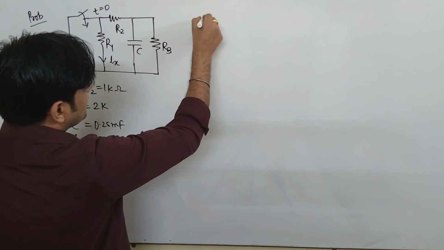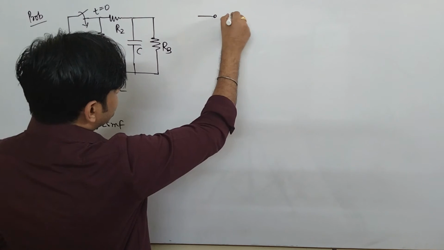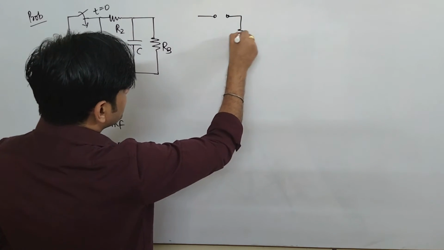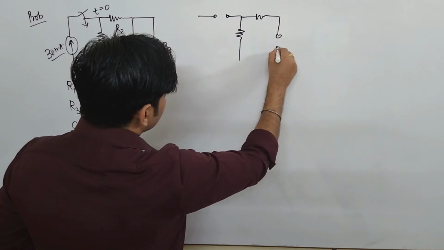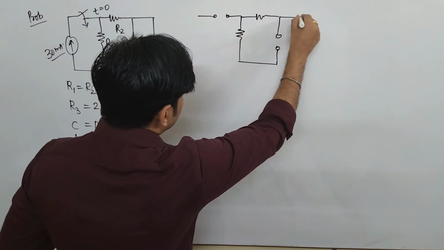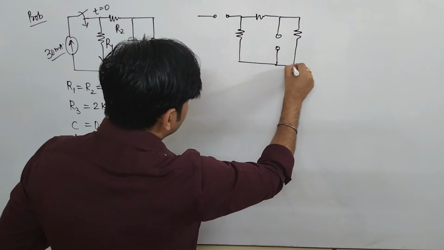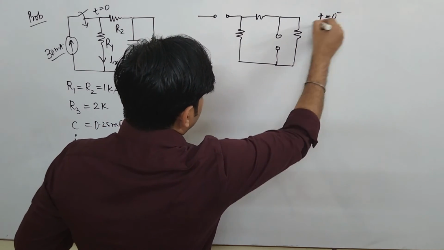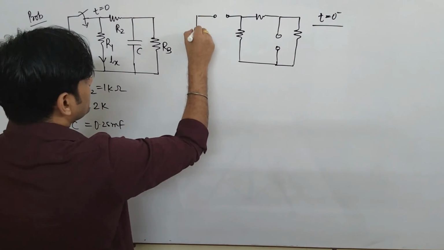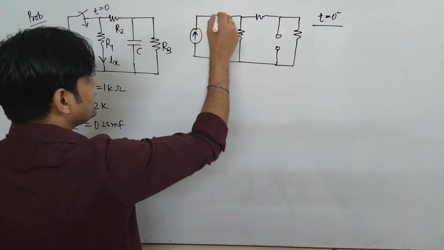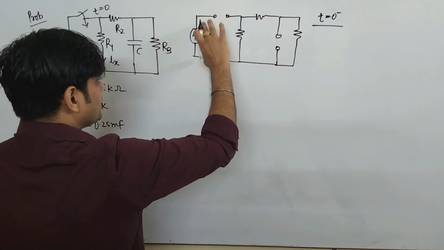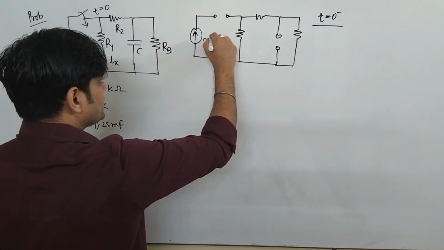Once again we will draw this network here. This is the condition at t equal to 0 negative. This is your 30 milliampere current source. You can see that actually there is no effect of this current source over this circuit.